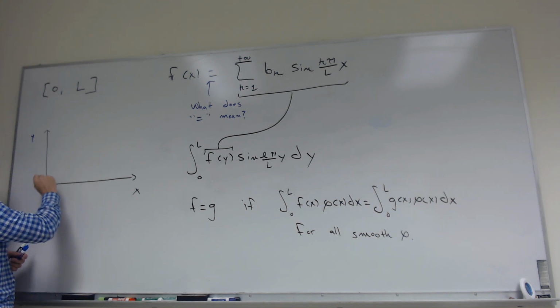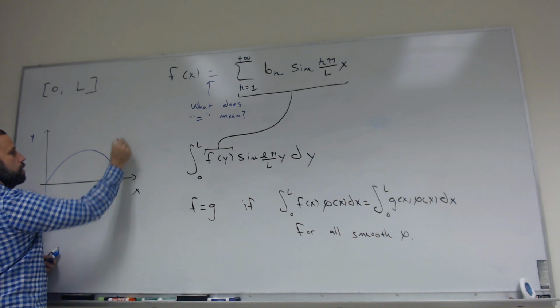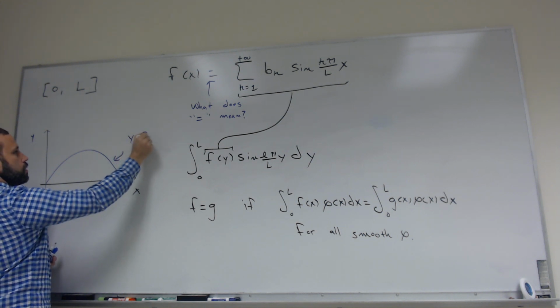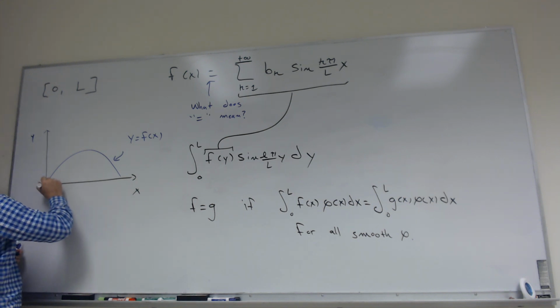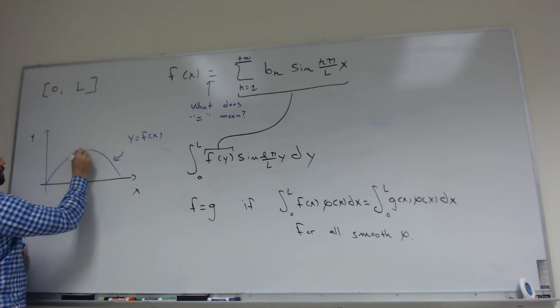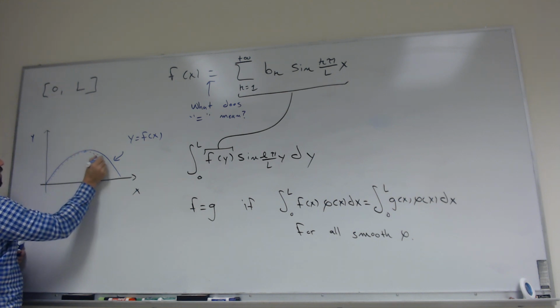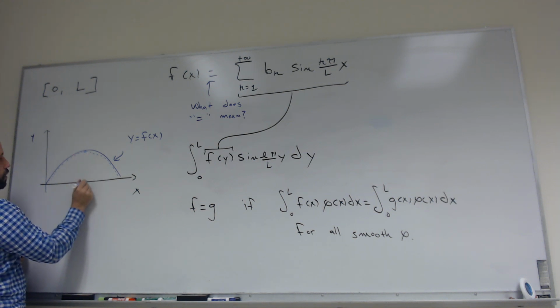And let's say this is the graph of f. And let's say the graph of g is basically the exact same thing. I'm going to note that by a dashed line, except for at this point right here, where g is equal to 0.